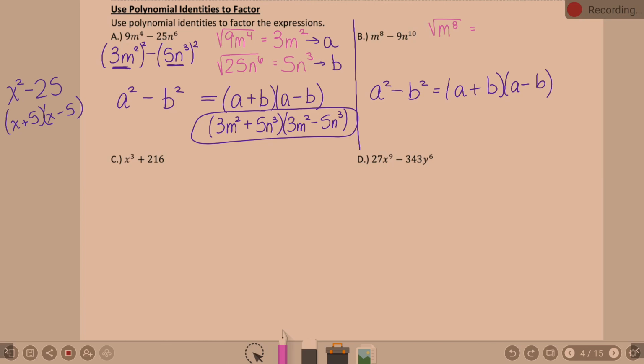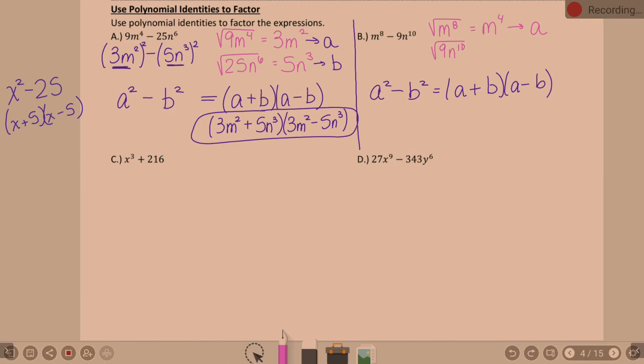What's the square root of m to the 8th? M to the 4th, yes? Because 4 plus 4 in exponent world is 8. What is that m to the 4th going to be in place of? That's going to be my a because it's the first one.